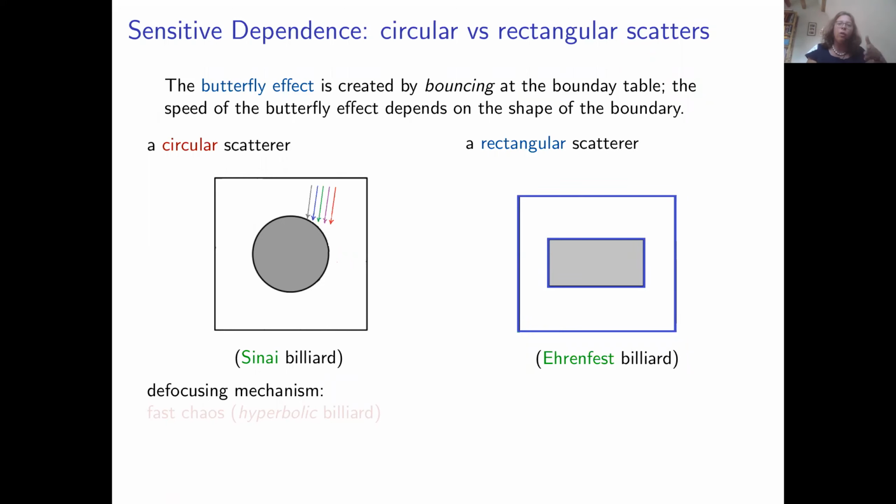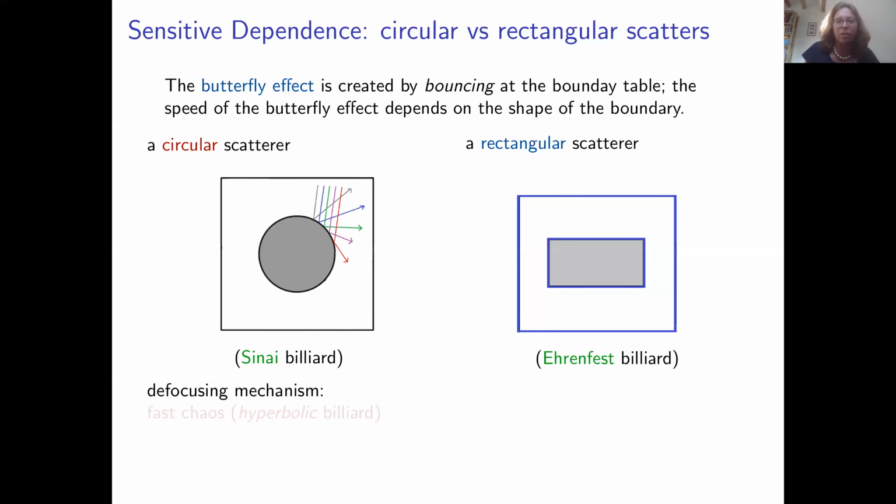If you take an array of parallel trajectories and look at what happens after they hit the circular scatterer, you will see the so-called defocusing mechanism. The array of trajectories which were parallel spreads out, or opens up.